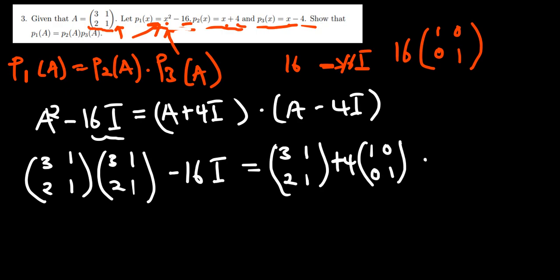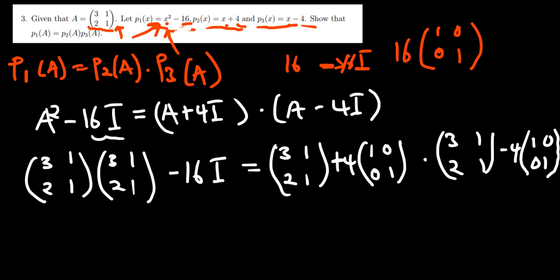The identity matrix can be replaced by [1, 0; 0, 1].